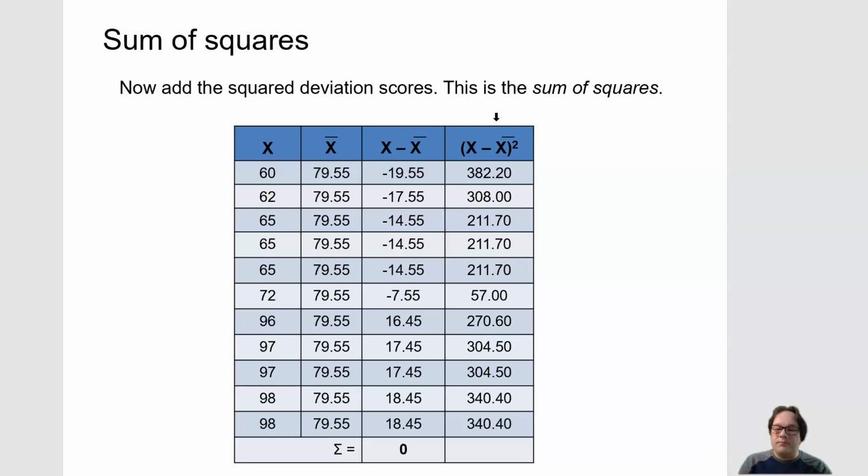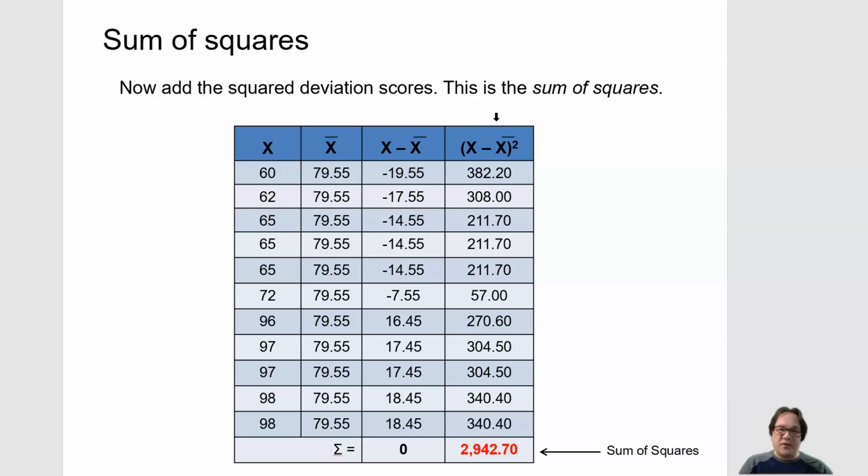So this result that we just calculated has a special name. It's called the sum of squares. Okay? So keep that in mind. Jot that down in your notes. This value here is a very important value.